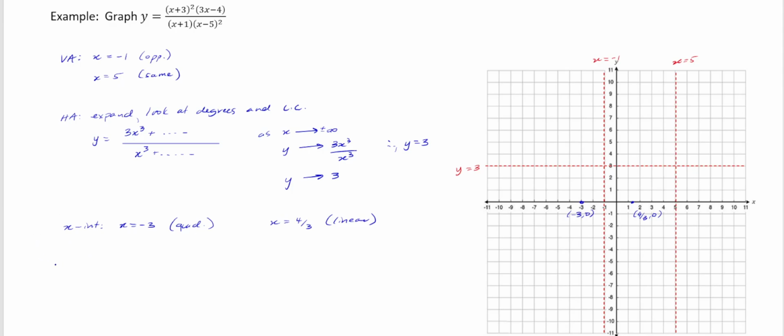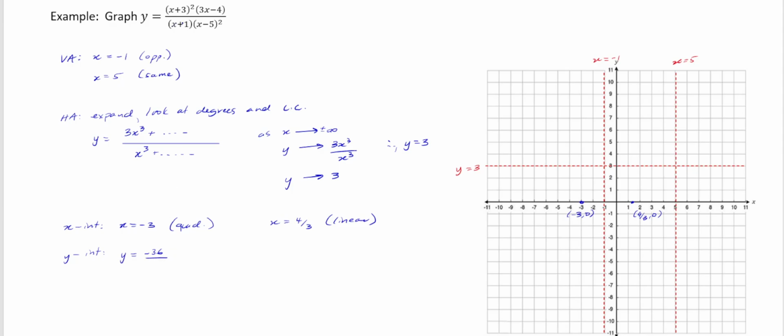Last thing I want to look at is my y-intercept. My y-intercept is done by setting x equal to 0. So if I look at this expression and I set x equal to 0, well then I'm going to get 3 squared, which is 9, and then I'm going to get 9 times -4, so I'm going to get -36 in the numerator.